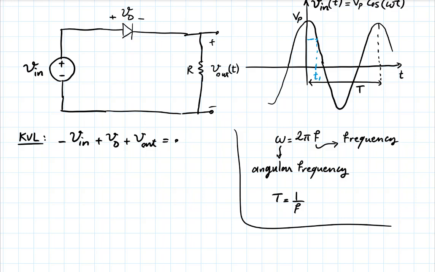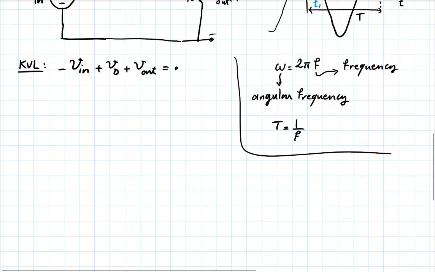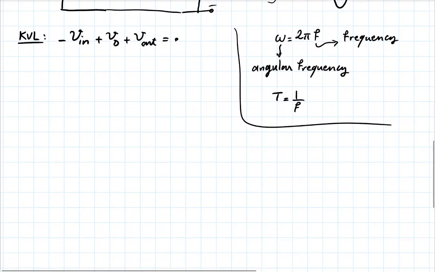And so if V in is positive, like the example we looked at, we just saw how VD becomes 0 and V out becomes equal to V in. So you can make an assumption that that's not the case, and you reach the contradiction that VD has to be forward, right?